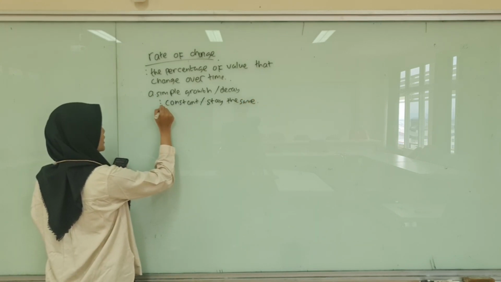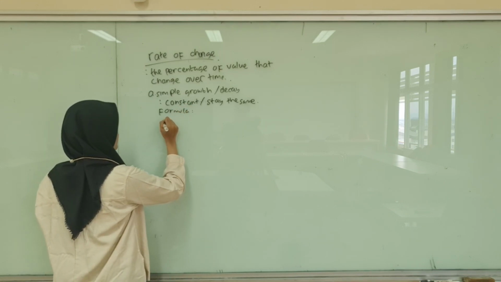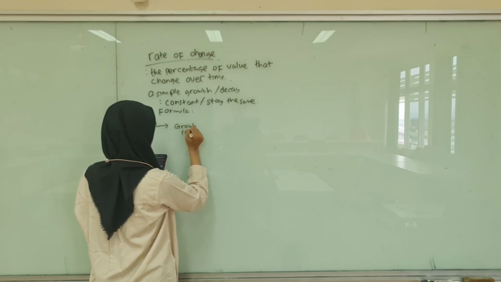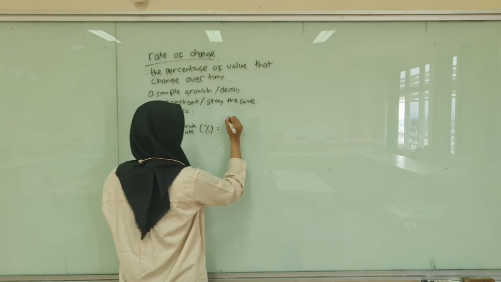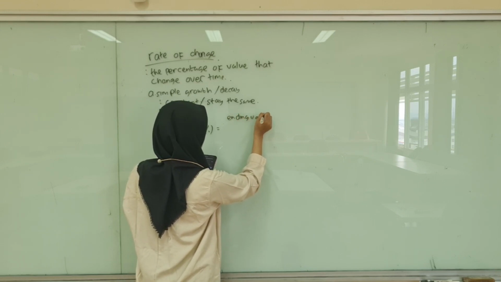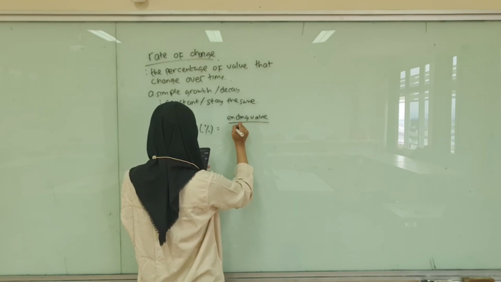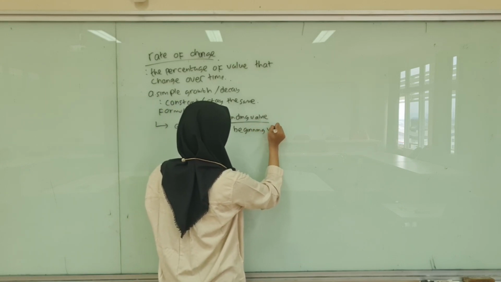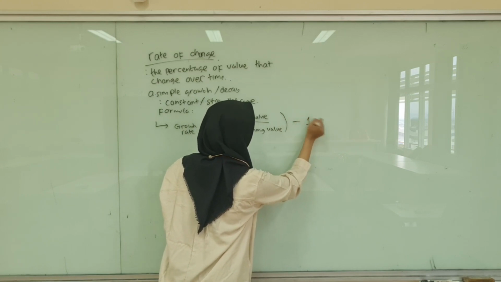So the formula for this is: growth rate in percent equals ending value over beginning value minus 1.